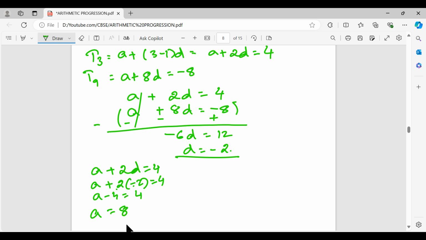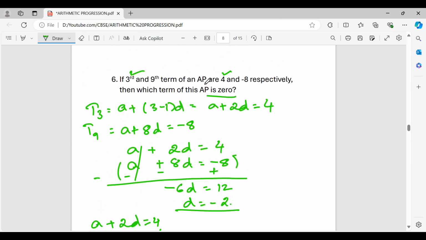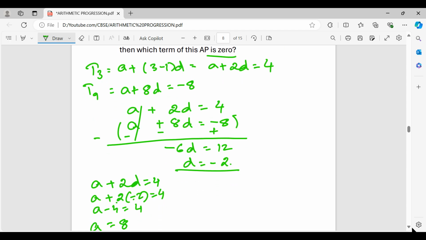Now we have got d and we have got a. Now we have to find the nth position of 0. Means in this sequence, if we get 0, then 0 is at which place? That is the value of n for 0.